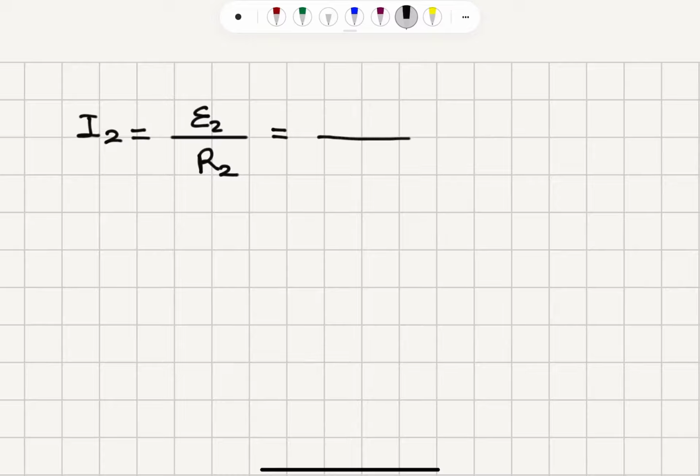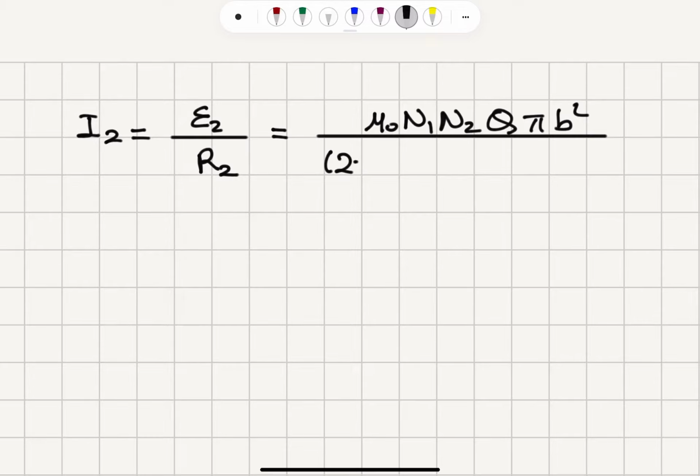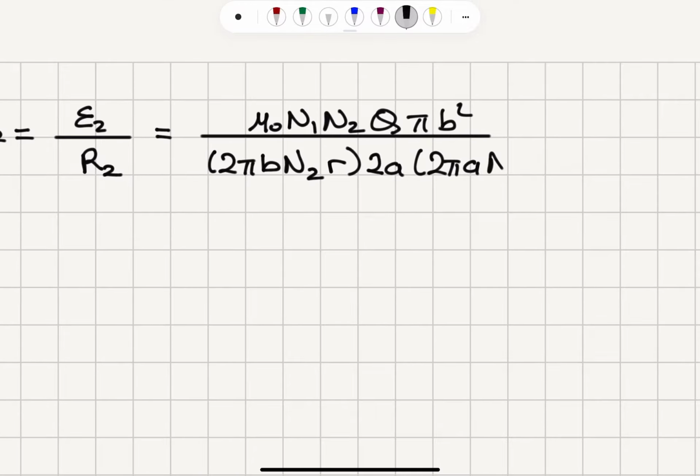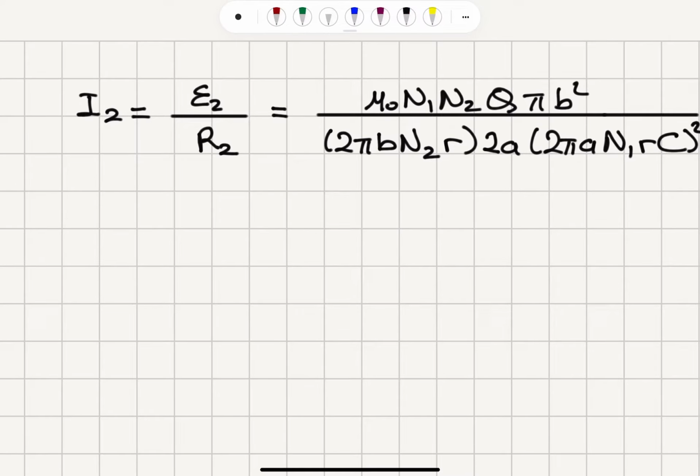Now, if I plug in my induced EMF here, mu 0 N1 N2 Q pi b squared divided by, for R2 I have 2 pi b, number of turns in the smaller coil, resistance per unit length, multiplied with 2a, 2 pi a N1, resistance per unit length, capacitance squared, e to minus 1. So that's my current.